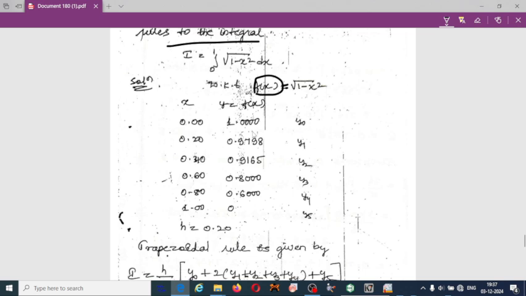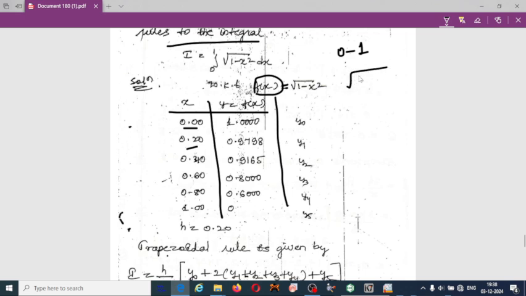Then y is equal to f of x. You should take here 0 to 1, they have given the limit. You can divide this 0 to 1 into different intervals: 0, 0.2, 0.4, 0.6, 0.8 and 1. If you put x equal to 0 in this equation, root 1 minus x square, you should put the value of x in this given equation.